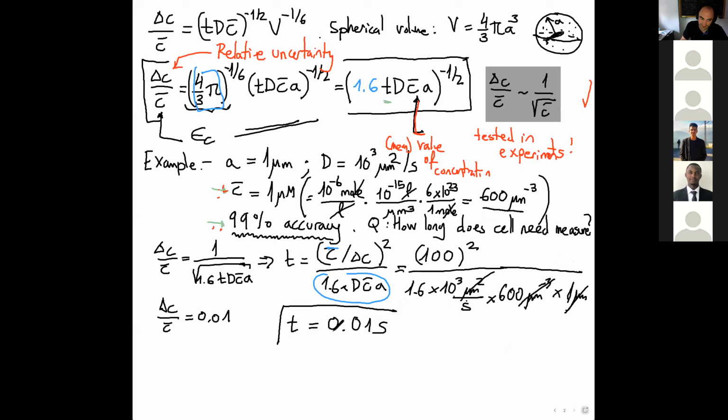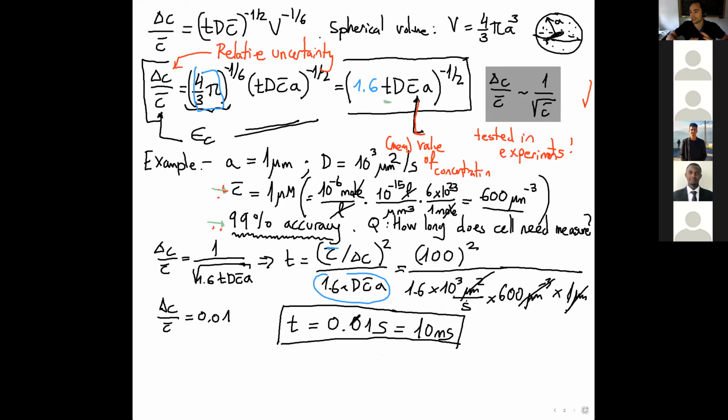Which you can also write in milliseconds. So this is 10 milliseconds. Okay, so for a cell, in this rough estimate, it's not that rough, we did some theory, a cell that wants to measure this concentration with 99% accuracy, using this radius and molecules of this diffusion coefficient, needs to measure for 10 milliseconds.